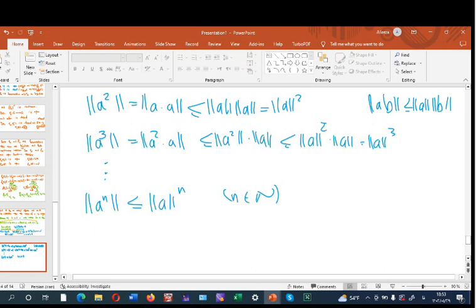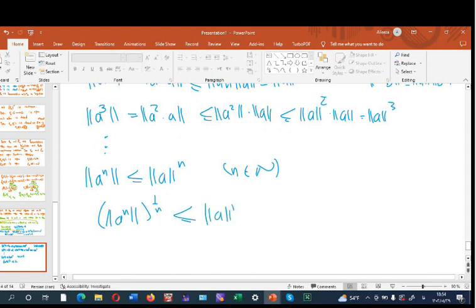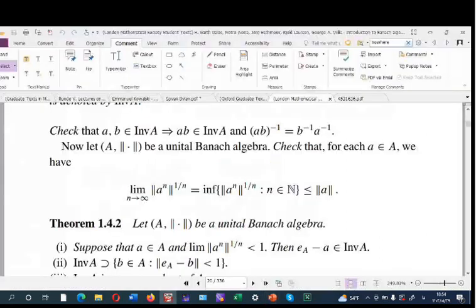As a consequence, this is less than or equal to this, and this is equal to the norm of a, so that for any n in natural numbers we have this, and this shows that in this set all elements are less than or equal to this element, so that the infimum of this set is less than or equal to the norm of a.